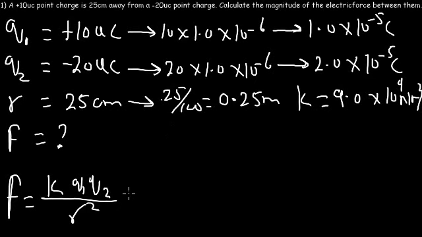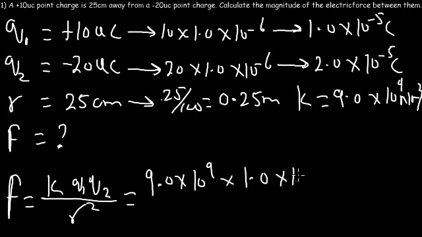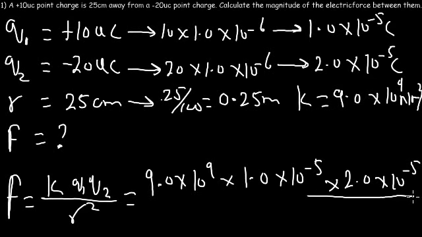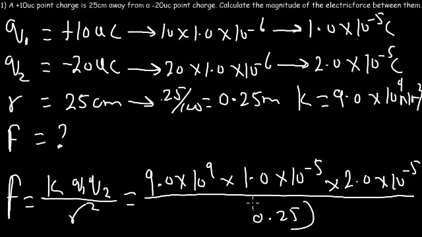Now what we're going to do next is to substitute. So the value of F should be 9.0 times 10 to the power of 9, multiplied by Q1, which is 1.0 times 10 to the power negative 5, multiplied by Q2, which is 2.0 times 10 to the power negative 5, then everything divided by R squared, and R is 0.25 squared.